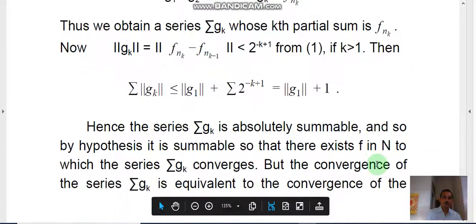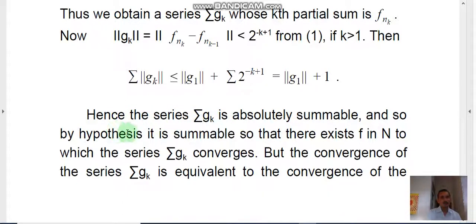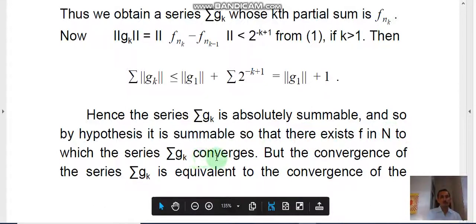Hence the series summation Gk is absolutely summable, and so by hypothesis, since we have supposed that every absolutely summable series is summable, it is summable, so that there exists f in N to which the series summation Gn converges.